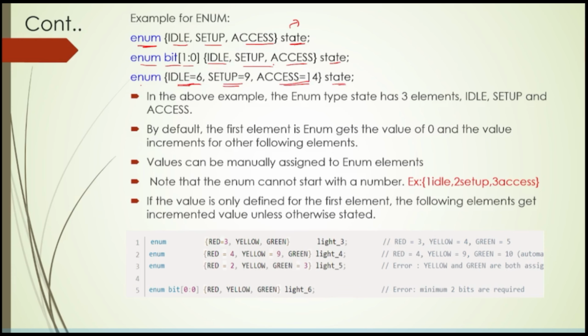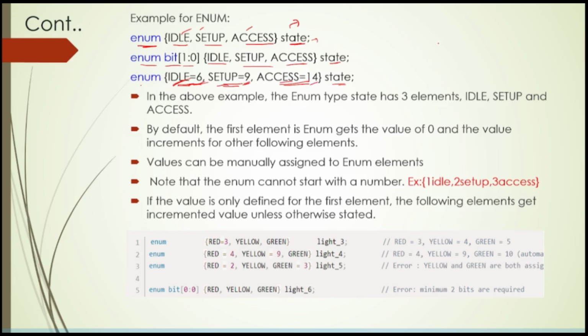Now if you see the above example, the enum state has three elements, and this state can hold any of these three: idle, setup, and access. Idle holds the value 6, setup holds the value 9, access holds 14.